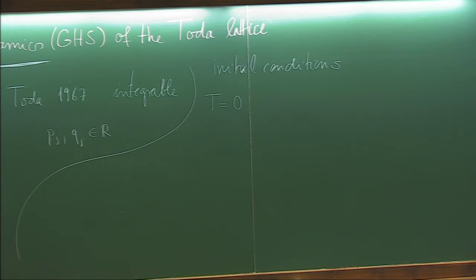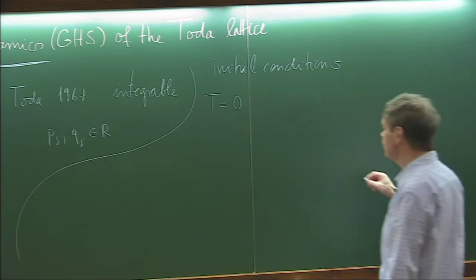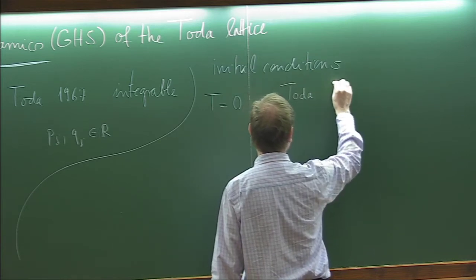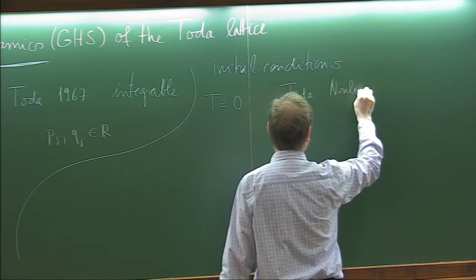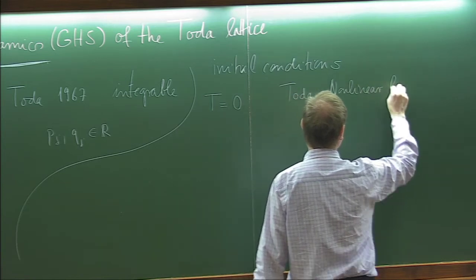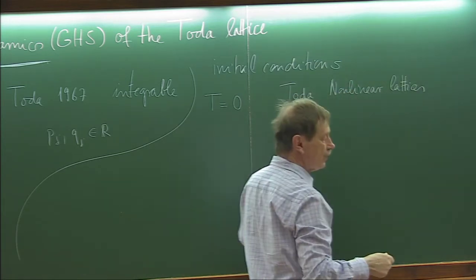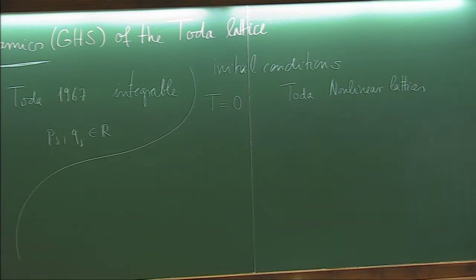Now, these things have been studied ad infinitum. Of course, Toda had studied this already very much. There's a book by Toda, which is actually quite informative, on nonlinear lattices. When you look in his book, it is, I don't know, 400 pages, and 390 pages are about zero temperature.